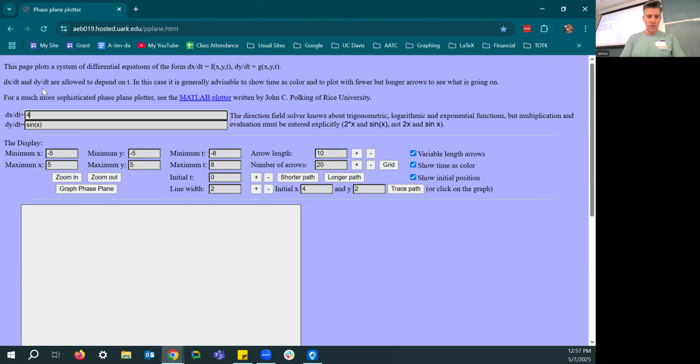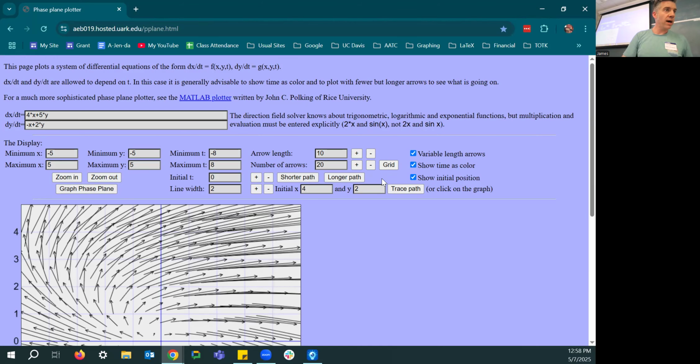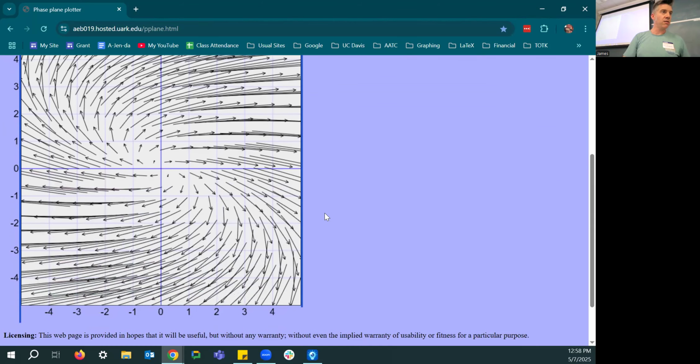But if you look at this last part here, where's the matrix I started off with? So if we look at 4 times x plus 5 times y, and then the next one is -x plus 2 times y, and we graph it. Oh yeah, it's looking pretty spirally. Although this one doesn't look super spirally, I gotta say. Some of them are better at showing how spirally they are.